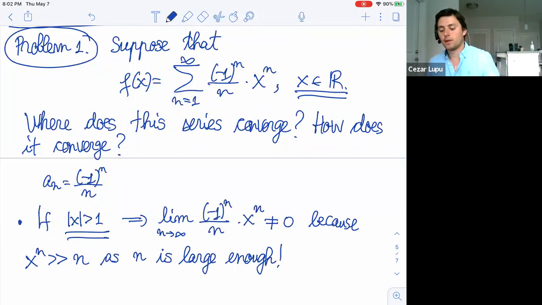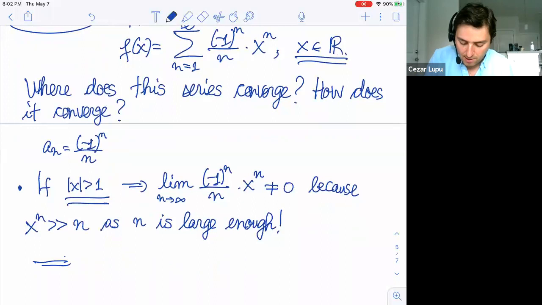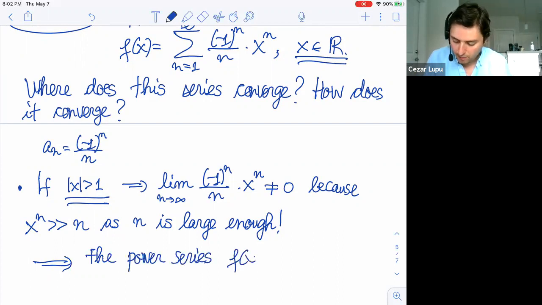So this limit will not be 0. If this is different than 0, then this implies that the power series f of x cannot even possibly converge.